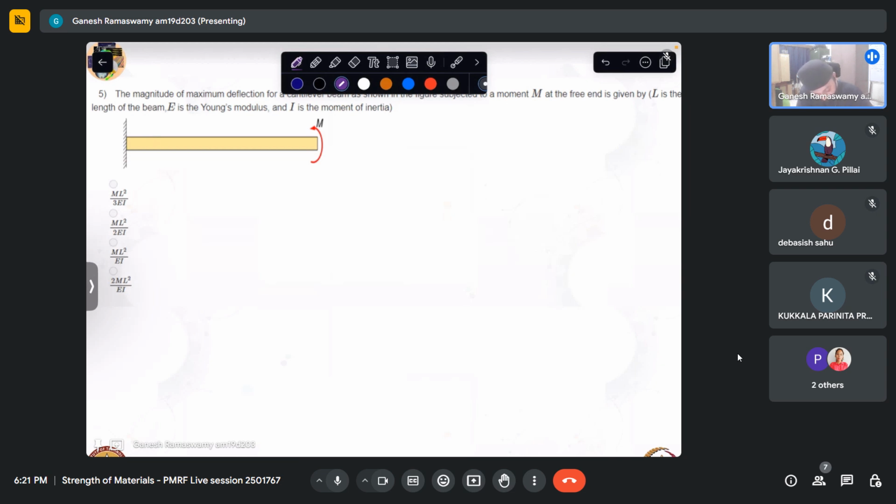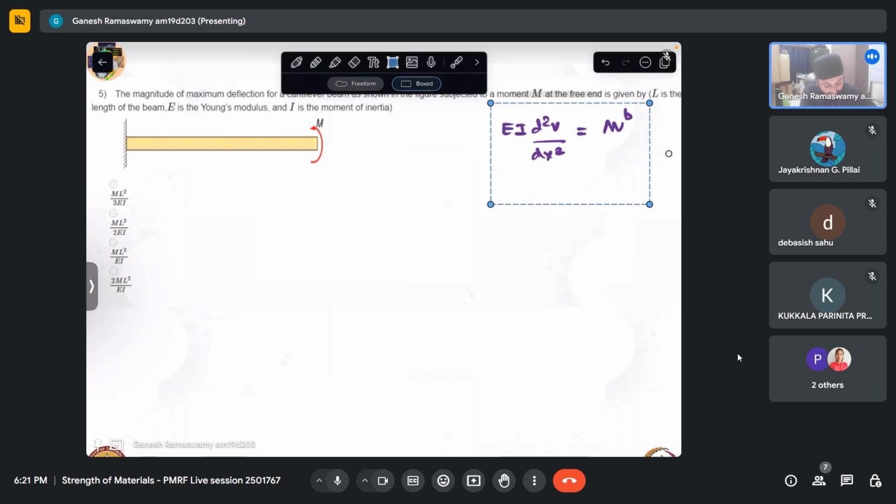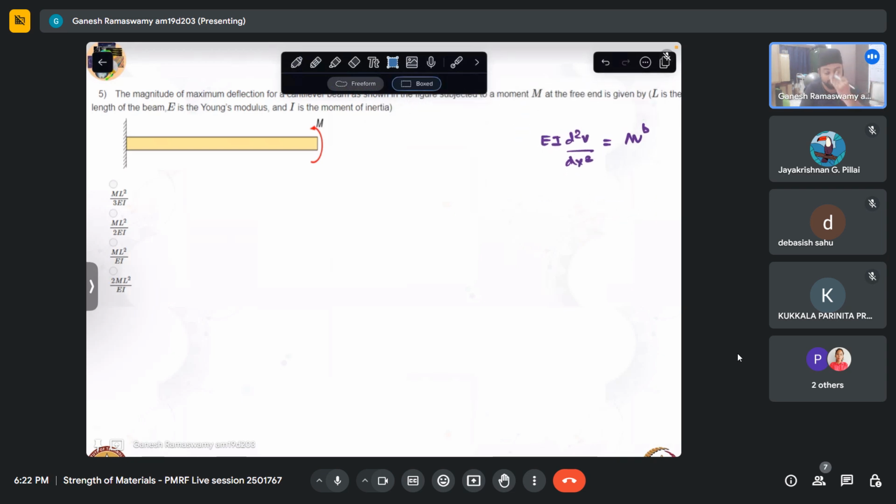So let us try to solve this using... in fact, I'll derive the rudiments of this curvature equation a little later.